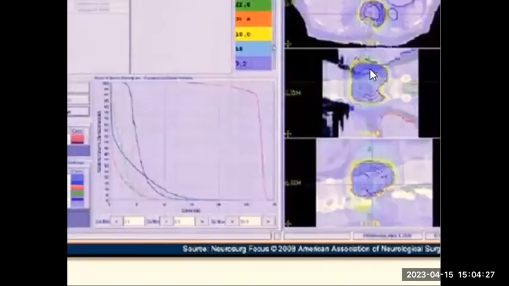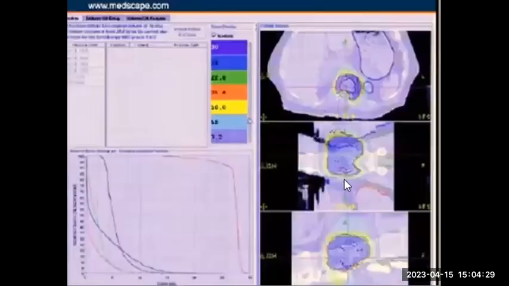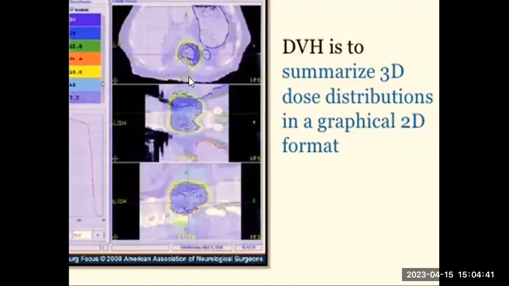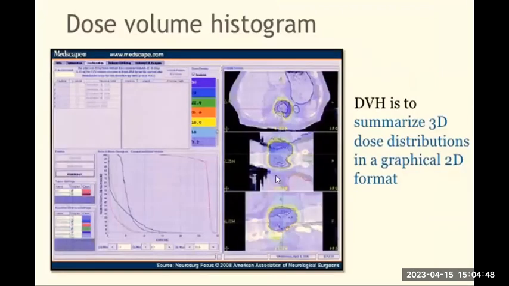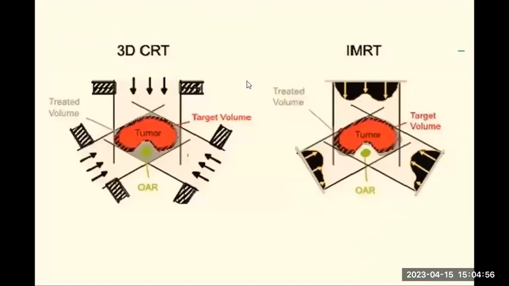Another very important thing is that it is very difficult to convert a 3D into a 2D. To represent a 3D dose distribution in three directions, X, Y, Z, they are differentiated in three directions. Just imagine these three images as photographs taken from three sides.